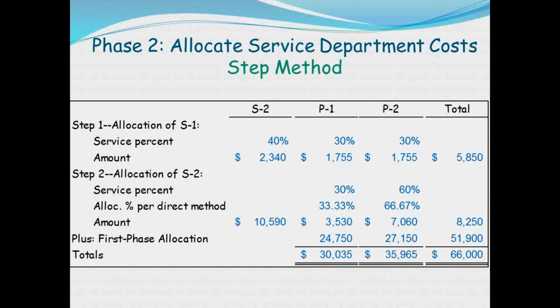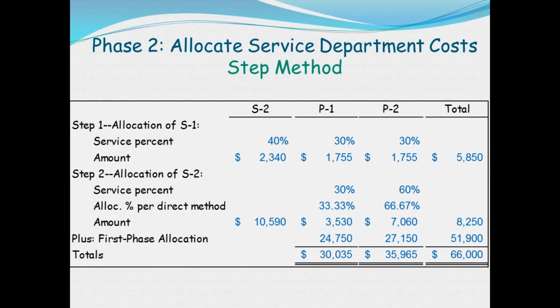Get all the costs out of one service department into the second service department. Then from that second service department, everywhere. When I say get it out of one to the other, it's from service department 1 to service department 2 plus the production departments. So we'll get rid of service department 1, and then we'll get rid of service department 2.